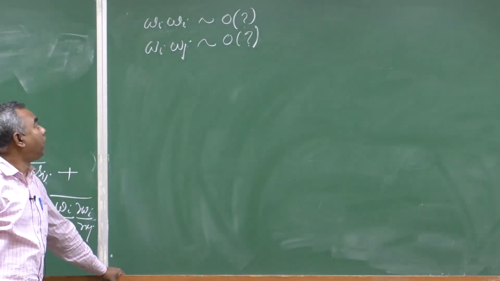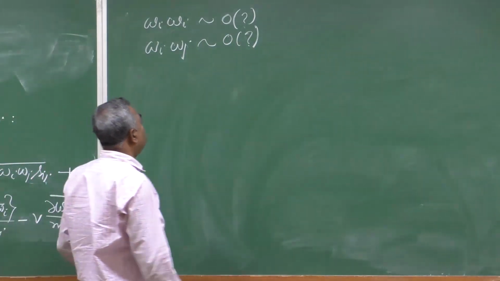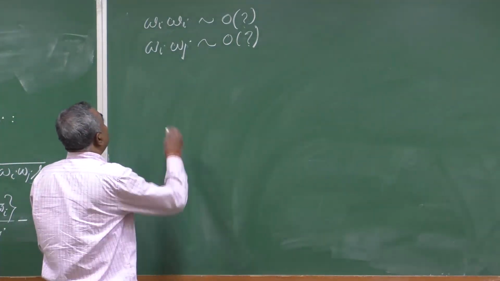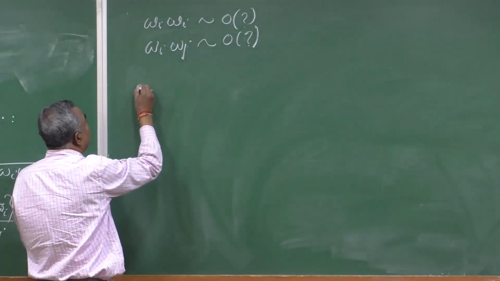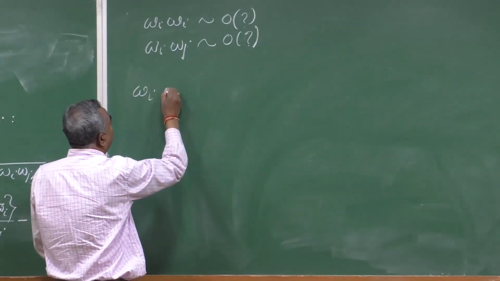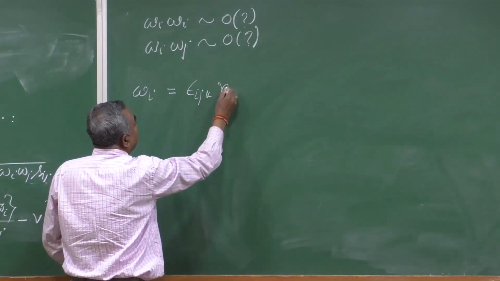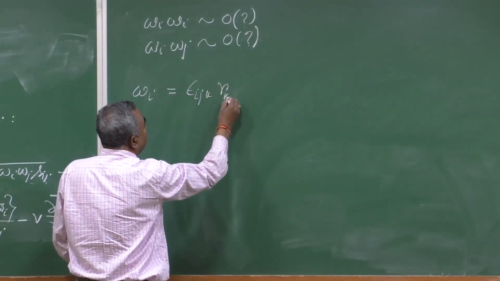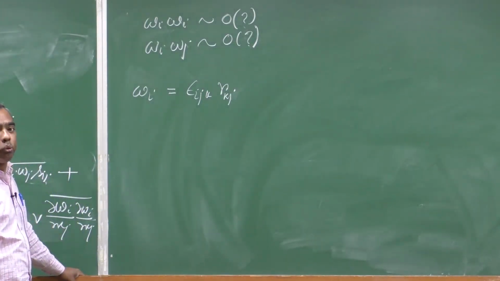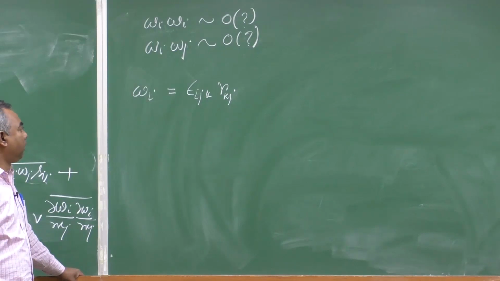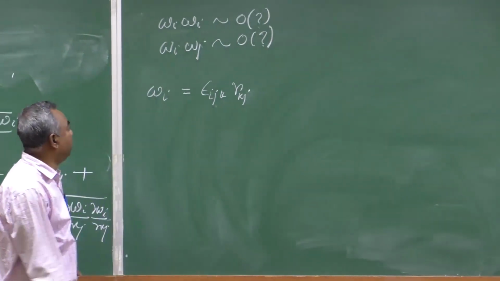These are the things we have to find out before we proceed further. Now, to find out the order of magnitude, first let us start with the definition of omega_i, which can be written as epsilon_ijk r_kj, where r_kj is the rotation tensor. We have already defined that. So, you see here j and k are dummy indices.